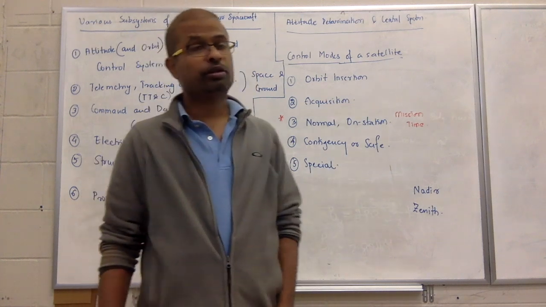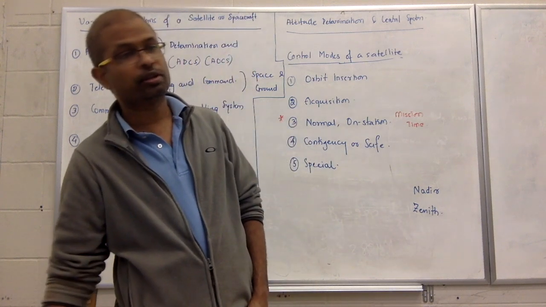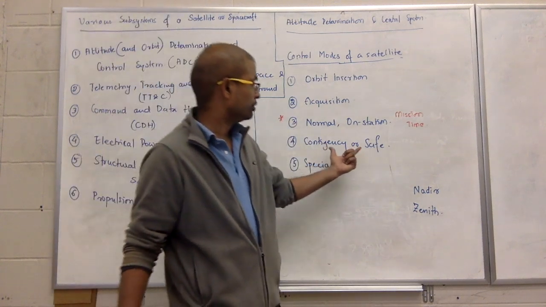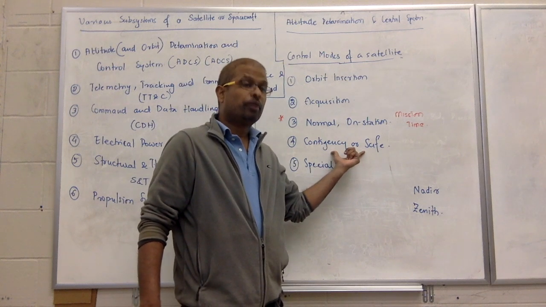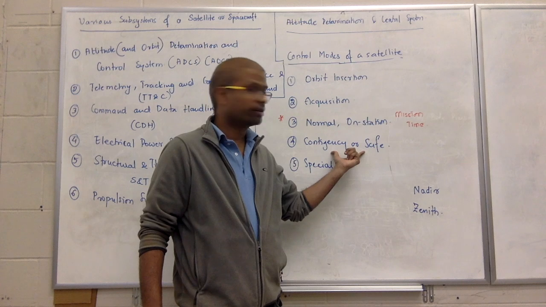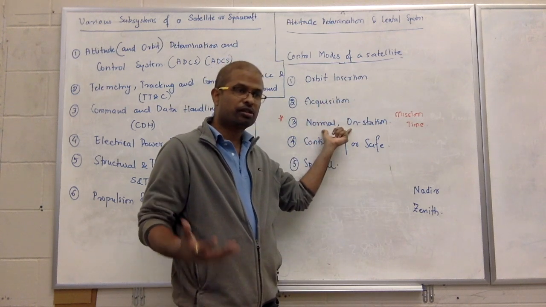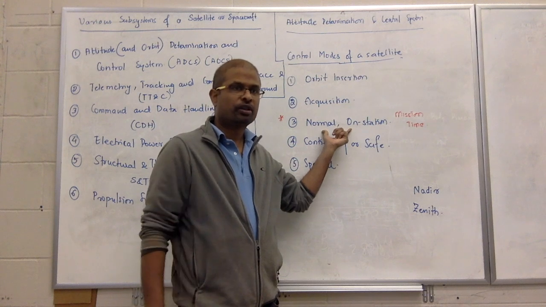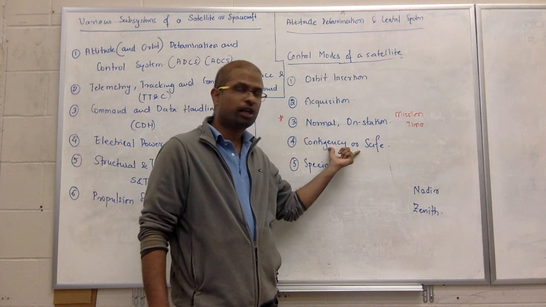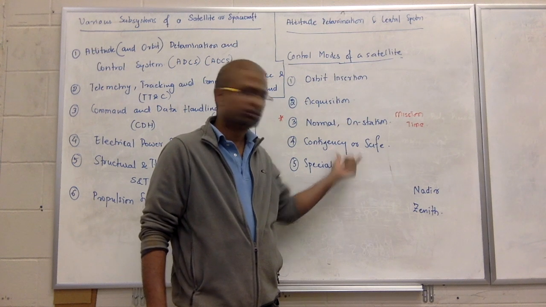You don't want to, but when would you? When the power on that satellite is exhausted. For all these modes, it is using some sensors and actuators, right? So if you don't want to use those actuators or sensors, you put it in this mode.